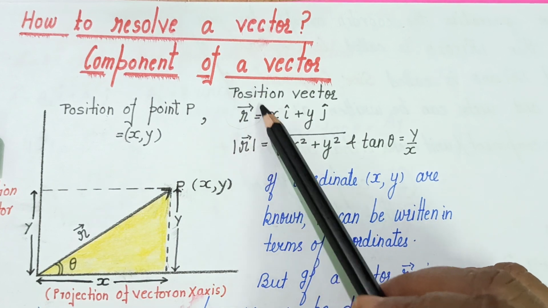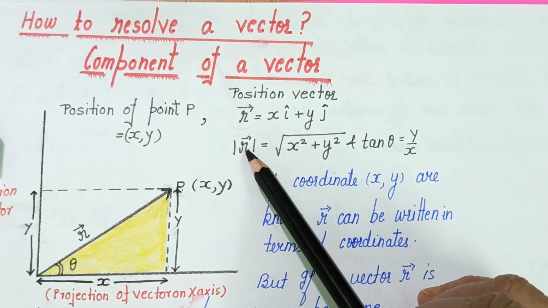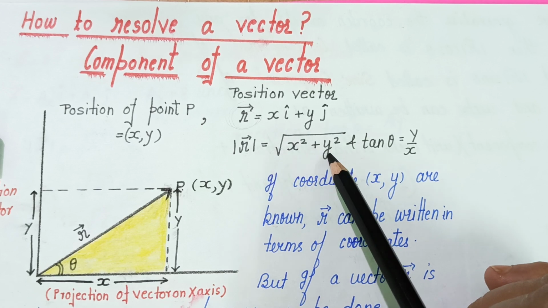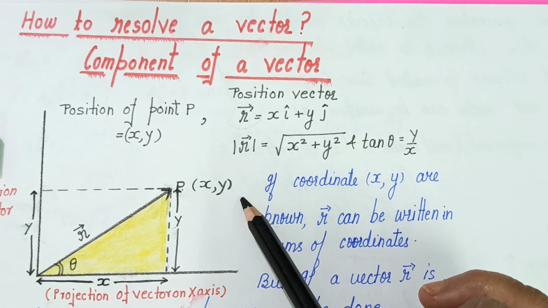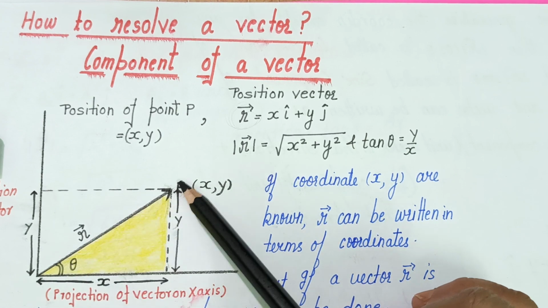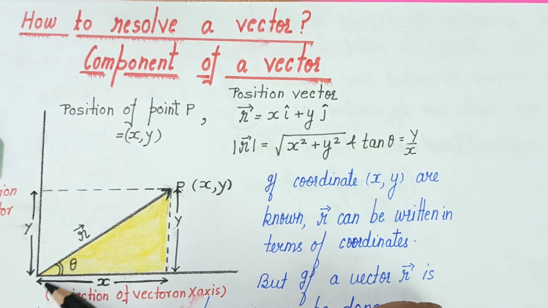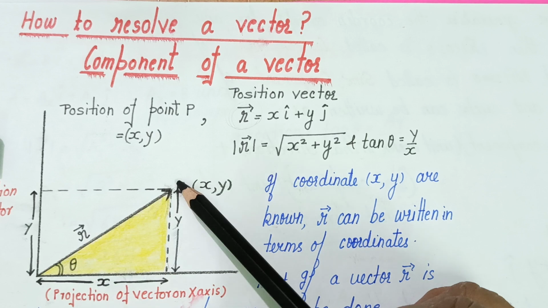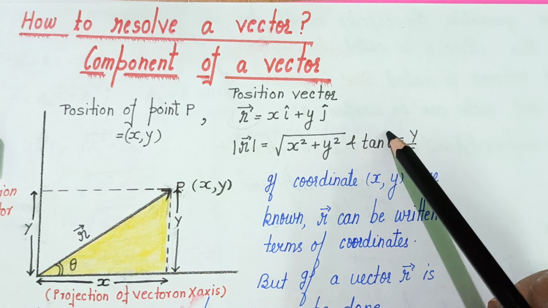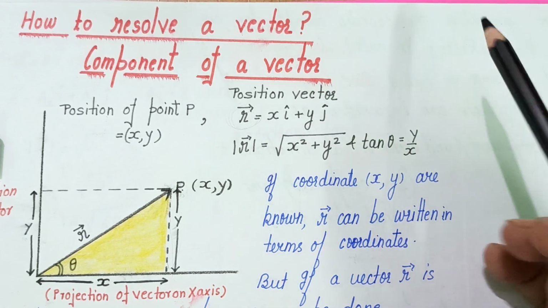And I explained to you in the last class that the magnitude of this position vector will be under root x coordinate square plus y coordinate square. And tan theta, that means direction of the position from x-axis, can be written, just consider this yellow triangle, perpendicular upon base, y upon x, y coordinate upon x coordinate, right?